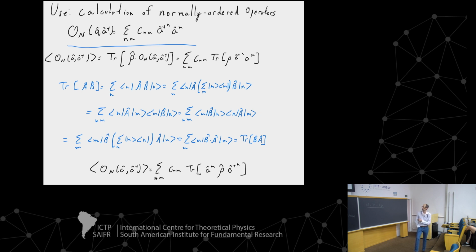The demonstration is pretty simple. You can take this trace, the projection of A and B into N on both sides, and introduce an identity that comes from the completeness of the basis.